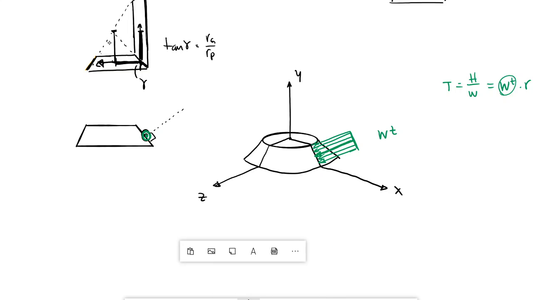A radial component here, towards the center of the gear, which is WR, and then a red one, which is the axial one. All those three make up the 3D vector, right?